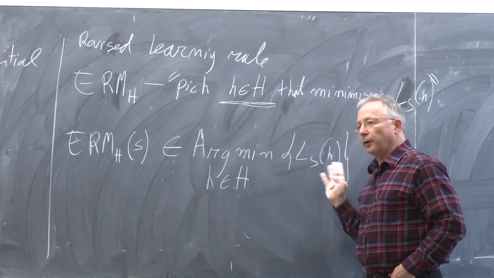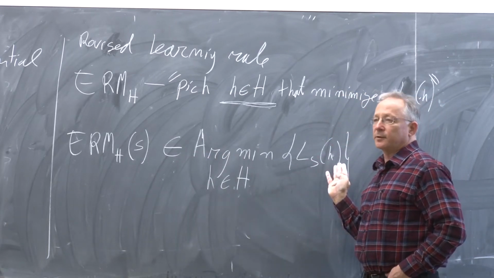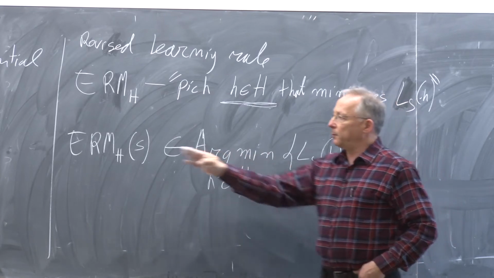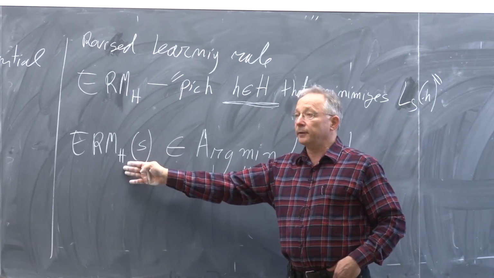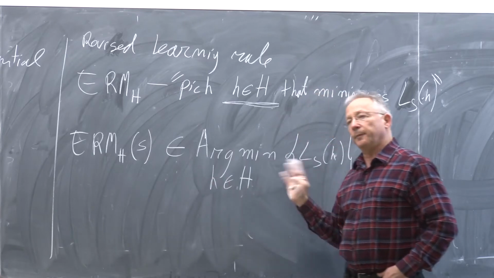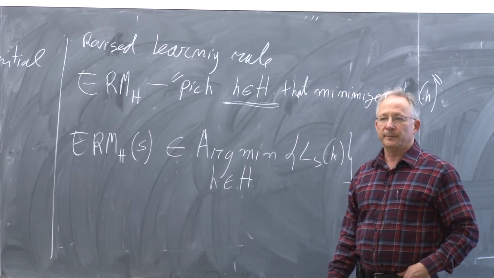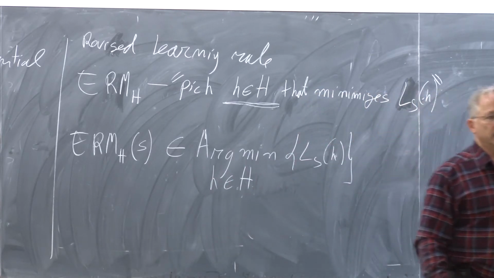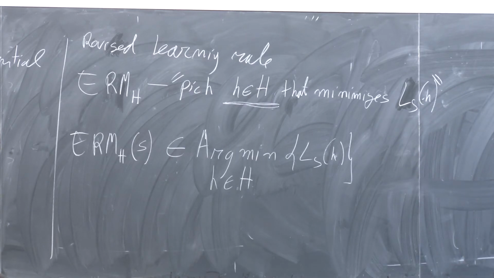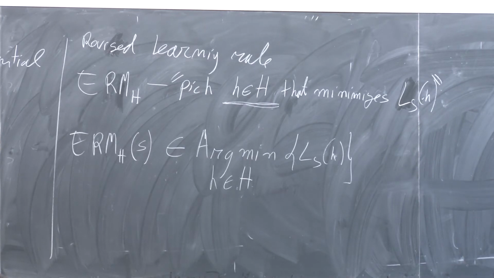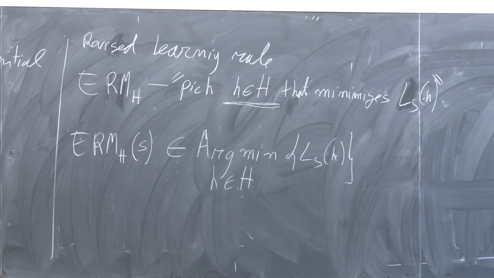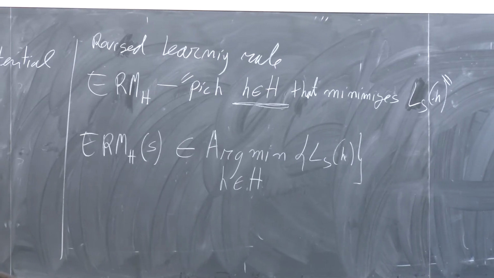This is the set of all h's that have the minimum loss. So my ERM, my algorithm, my learner, will pick one of those with a minimum loss. And now, of course, it's not necessary that one of them will have loss 0, but we will see.